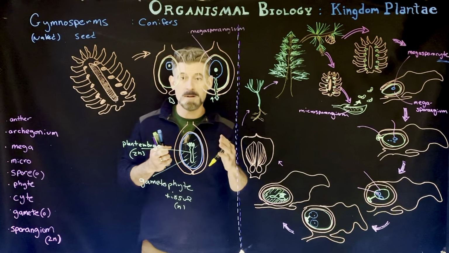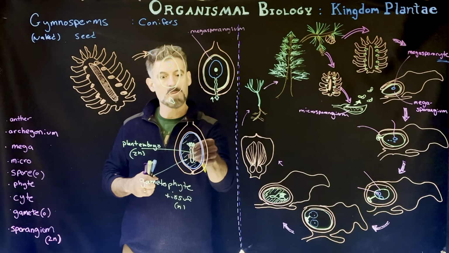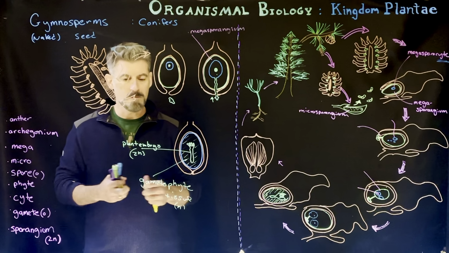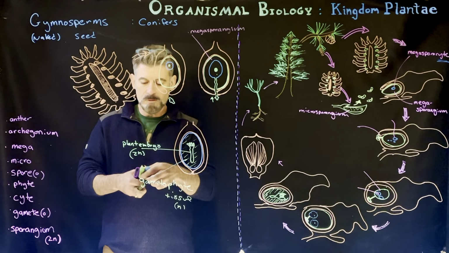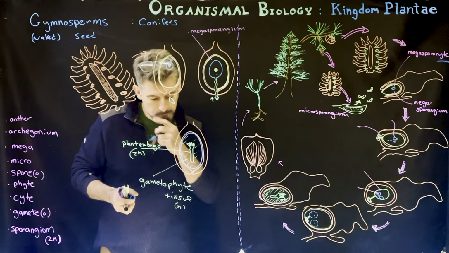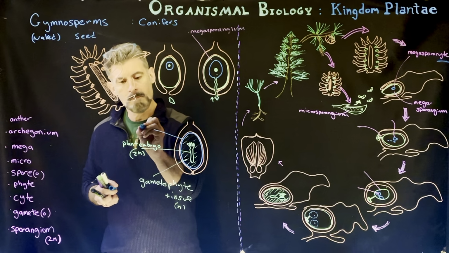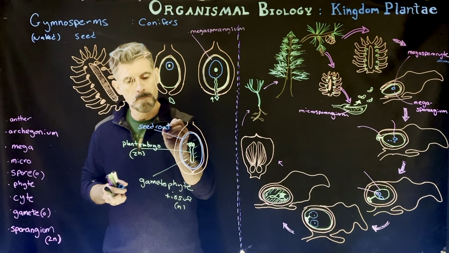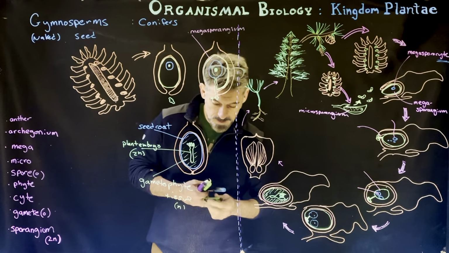So we still have the alternation of generations, gametophyte, sporophyte, and in this case here, the sporophyte is developing inside the gametophyte tissue, which is kind of nourishing it. Then surrounding that, there's going to be a seed coat here that will help protect it.